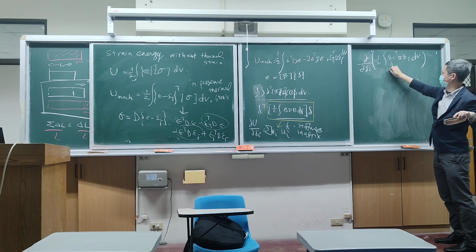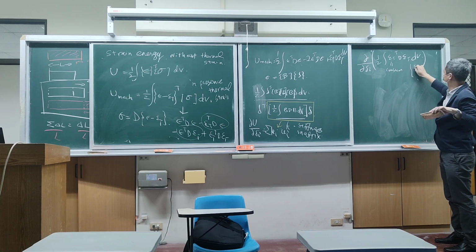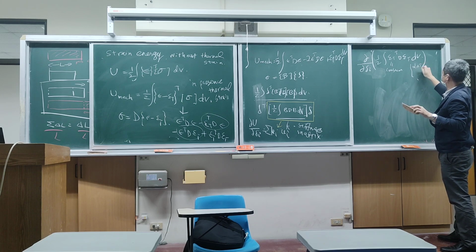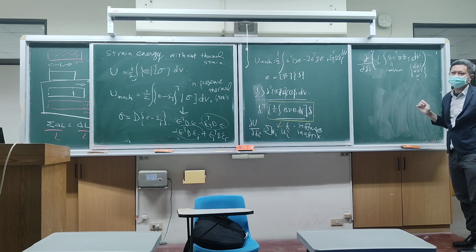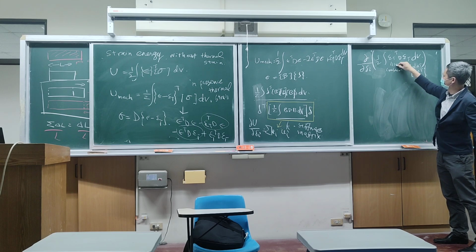This thermally induced strain is previously assumed to be constant. Epsilon T is basically alpha delta T, alpha delta T, and 0. Okay? So this is a 3 by 1. After transpose is 1 by 3.